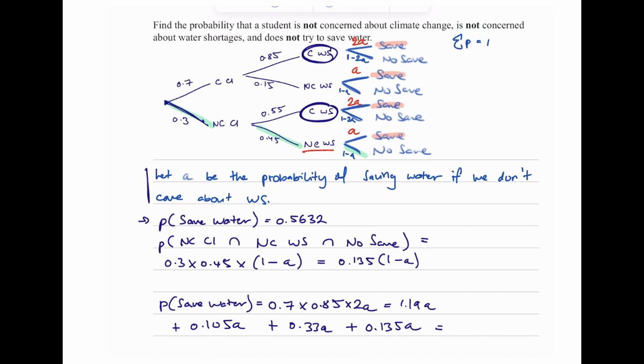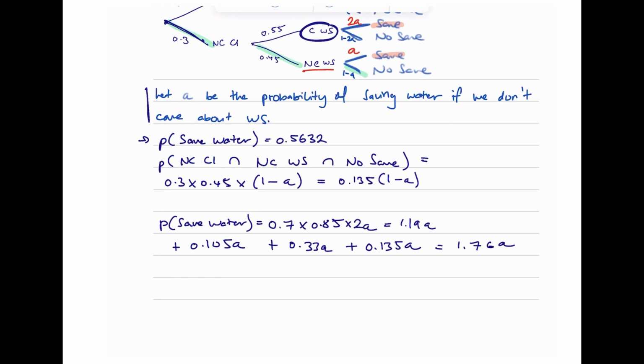If we sum that, that gives us the total amount of water saved: 1.19 plus 0.105 plus 0.33 plus 0.135, which is 1.76a. Now, we know the probability of saving water was 0.5632, which is equal to 1.76a. So 0.5632 divided by 1.76 gives us the value of a, which is 0.32.